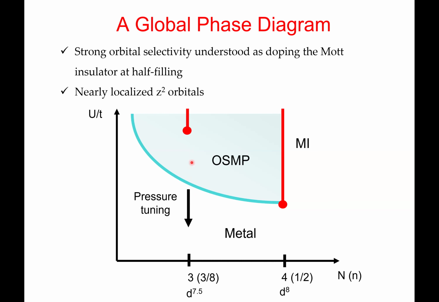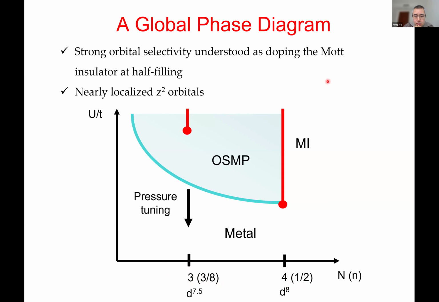Okay, so does it mean that it's tuned by pressure, that pressure will drive the system into the Mott insulating state, the orbital-selective state? In this nickel system, based on our calculation, we indeed find a transition to an orbital-selective Mott phase, but it's very hard to get into a real Mott transition into this Mott insulating phase. This is partly because the filling number is a little bit different. It's three electrons occupying these four orbitals.